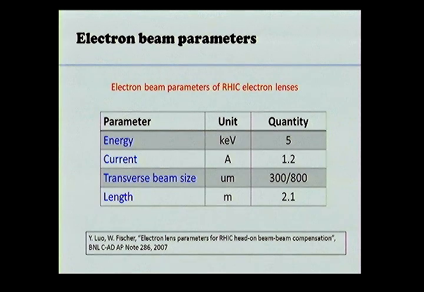So for the 100 GeV beam compensation, the transverse beam size of the electron beam should be 800 micron, and for the 250 GeV beam compensation, it will be 300 microns. The effective interaction length is 2.1 meter.